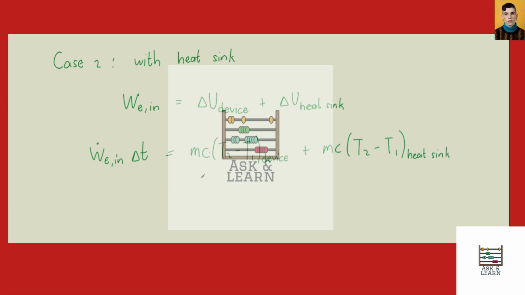So the mass of the device times its specific heat times its change in temperature, plus the mass of the heatsink times its specific heat times its change in temperature.